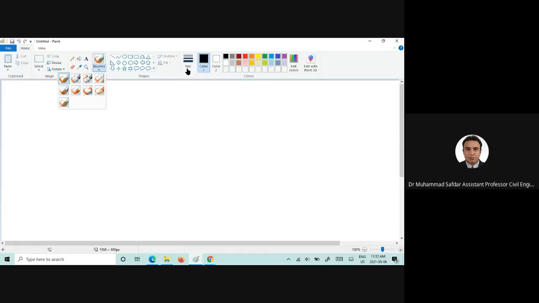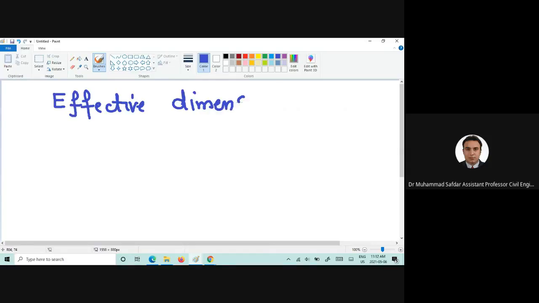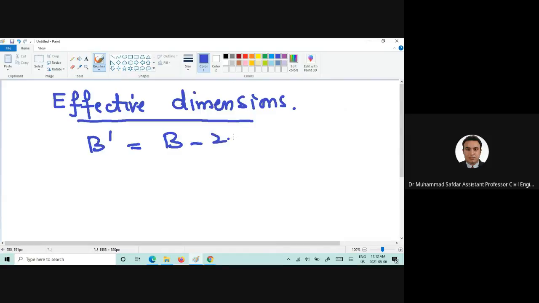Now we can easily find out the effective dimensions. Please kindly give me the value of B prime and L prime. 2.02.